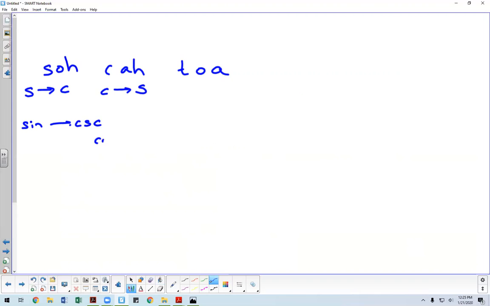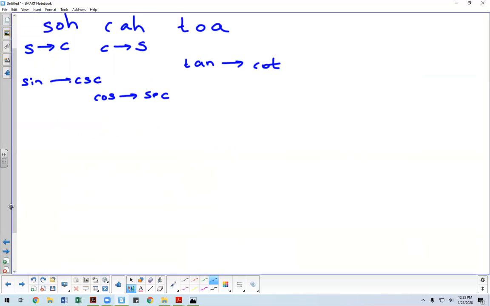For cosine, its reciprocal function is going to be secant. And for tangent, it's going to be cotangent. All right, so that first example.